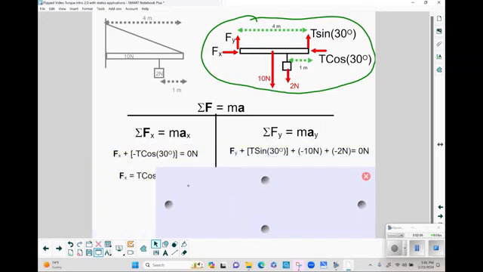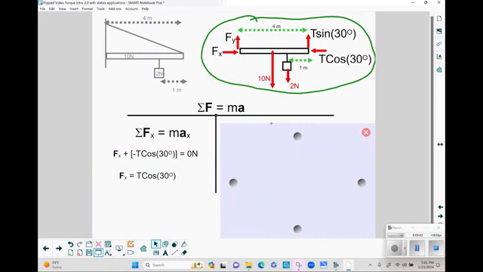For the x-axis side, I can see that I have Fx minus T cosine 30 equaling 0 newtons, since Fx is going to the right and T cosine is going to the left. And I know that Fx equals T cosine 30, which would be awesome if I knew what Fx or T was. But since I don't know either one of these, I really have no answer yet.